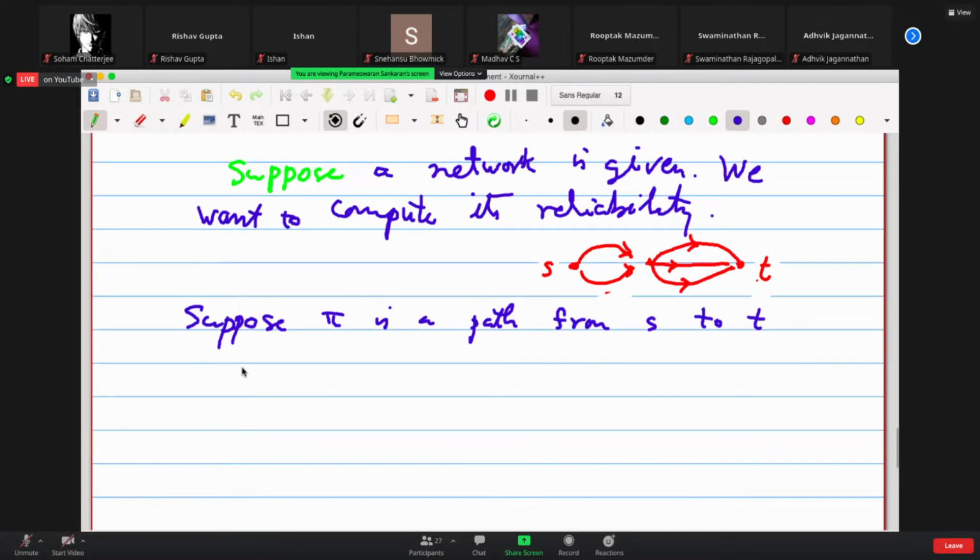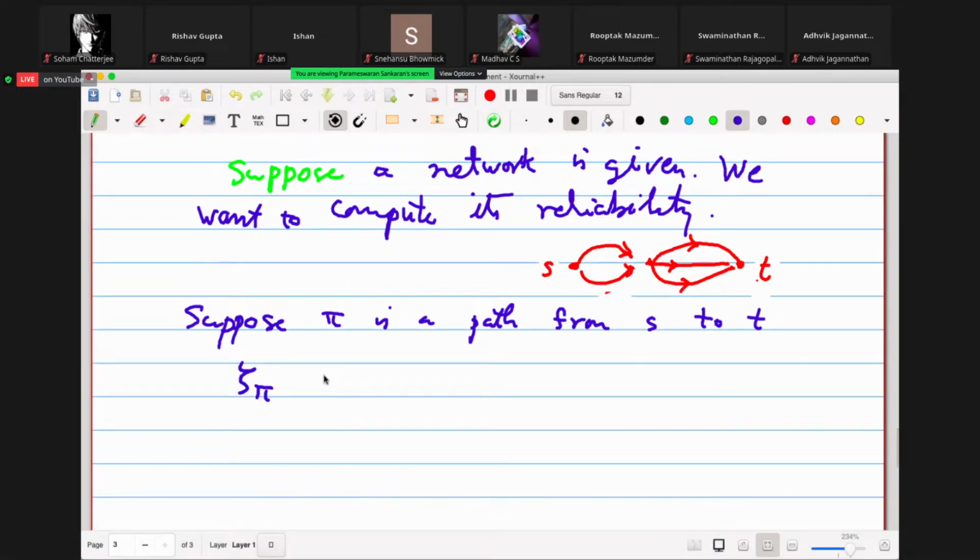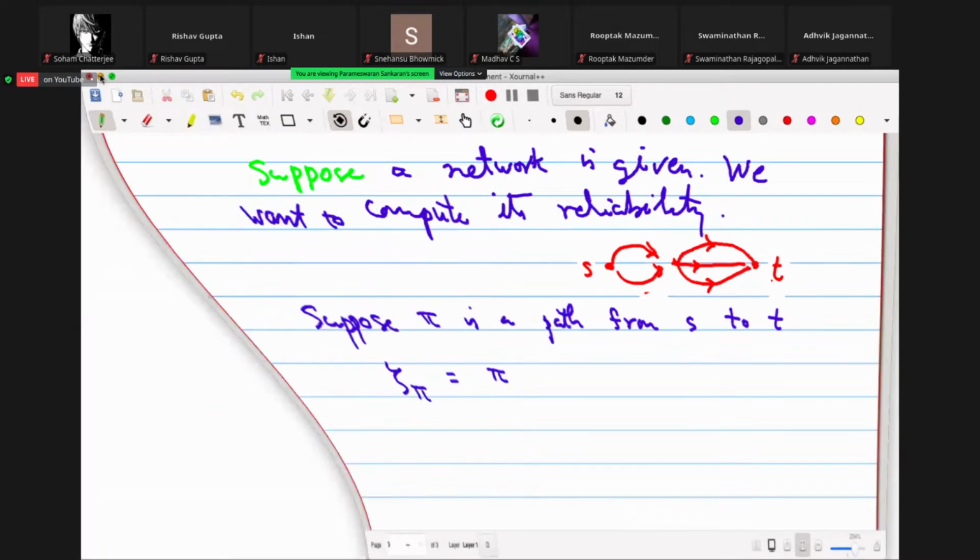Let us denote by this symbol zeta pi, which is also used in the book, the indicator that pi is working. Let me just check what is there in the notation.